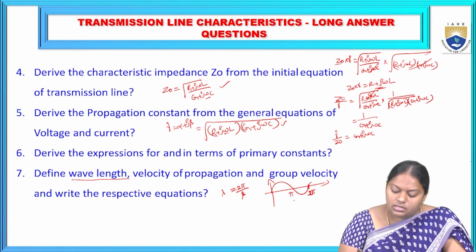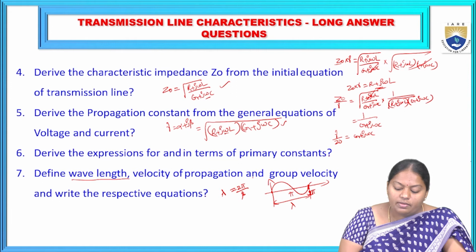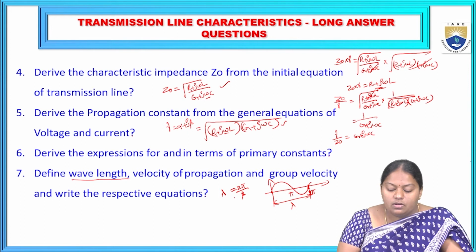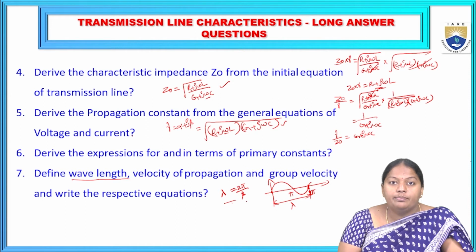So this is what is considered as lambda, lambda equal to 2 pi by beta, where beta is the phase constant. So wavelength means every 2 pi radians the phase is going to change, and the wavelength is considered as lambda equal to 2 pi by beta.